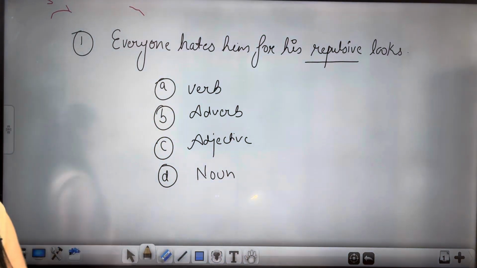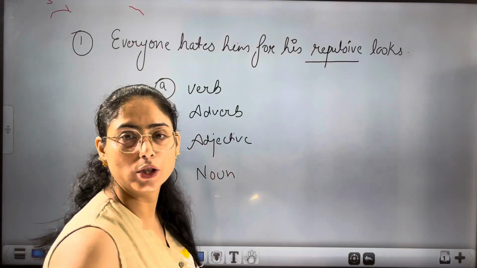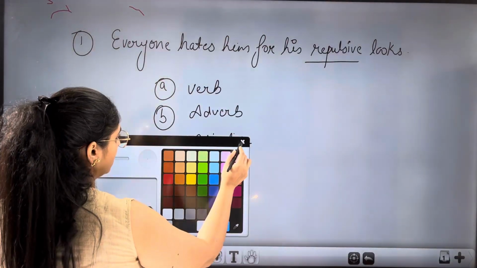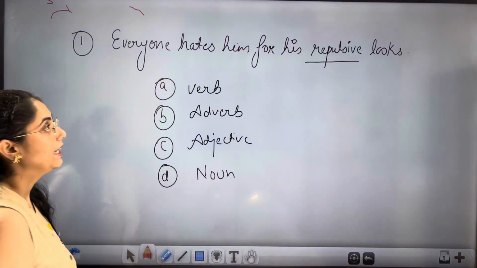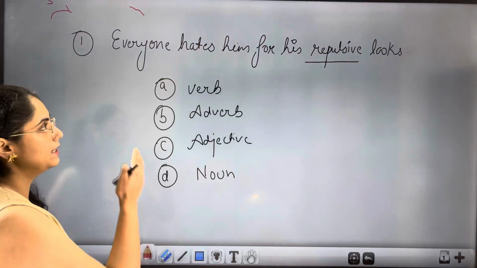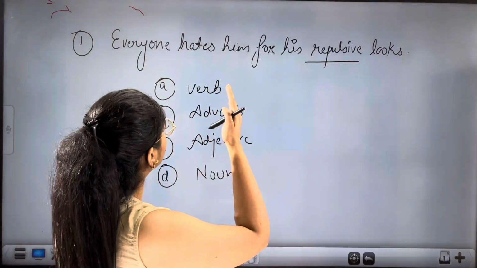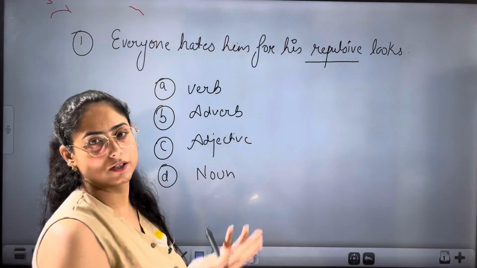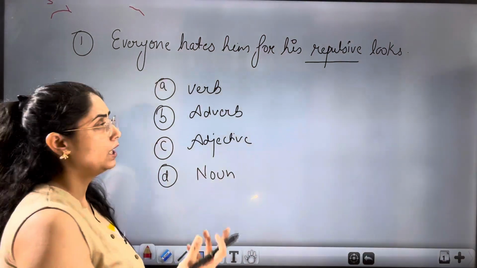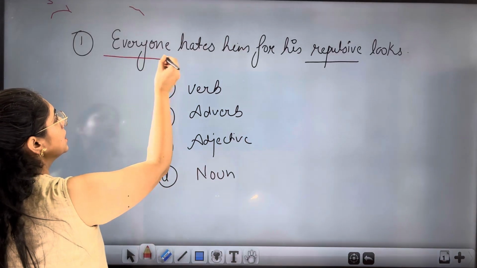Now let's see what this word is actually acting as. See, everyone hates him for his repulsive looks. Let's find out what all these words actually are in a sentence. What is everyone? The one who's performing the action.